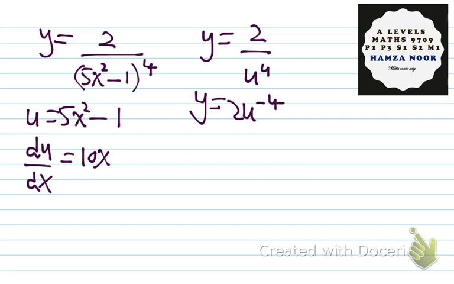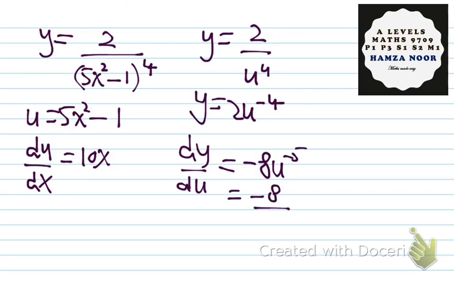Alright, so dy over du would be minus 8u raised to the power minus 5. So this becomes minus 8 divided by u raised to the power 5. Alright, we need to find dy over dx, so we will apply the chain rule formula.